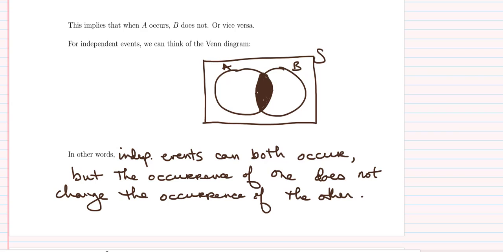So, to determine when both occur, what we use is this other rule, A intersect B, right? Because this area right here is the intersection of A and B occurring, right? So, probability of A intersect B, or A and B occurring, is equal to the probability of A occurring times the probability of B occurring. Okay, so this is now a fifth rule of probability that we can use.